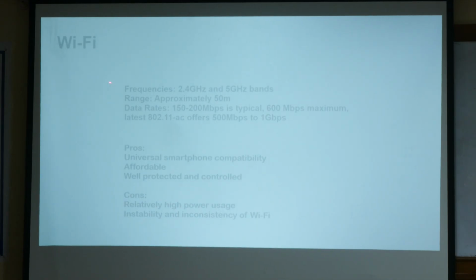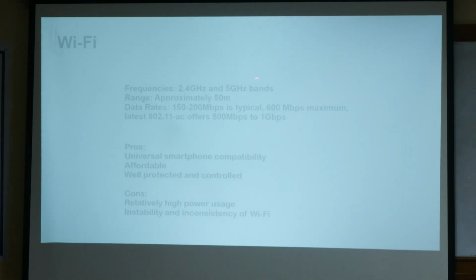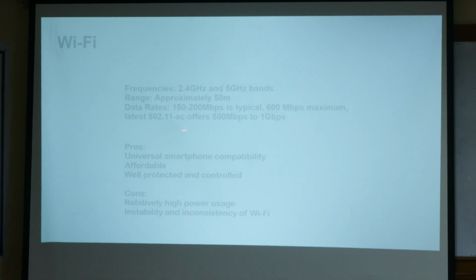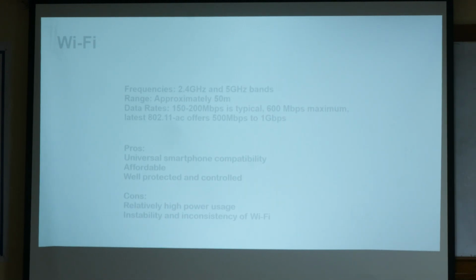So the Wi-Fi, if you take it, you have 2.4 and 5 gigahertz, and this is the old version. The new version has changed to 6. And the range is approximately 50 meters. The data rate is only small, megabits per second, and the maximum you can get is 600 Mbps. And if you go to AC standards, it can go up to 1 gigabit.